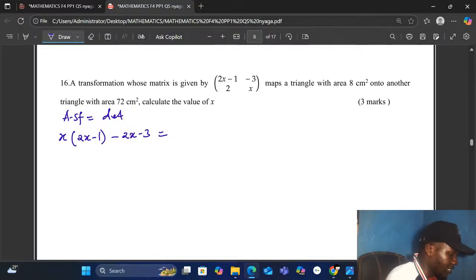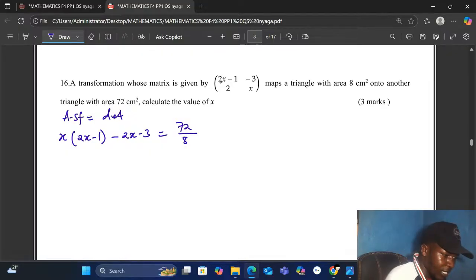And the area scale factor, we take the area of the triangle, which is 72, to the other triangle, which is 8. Now this is our area scale factor, which is equivalent to the determinant.